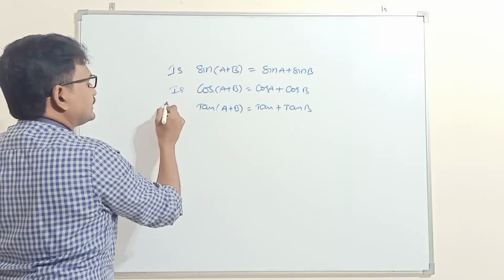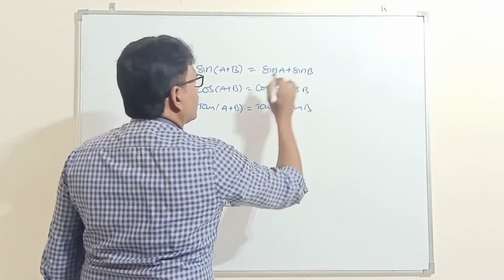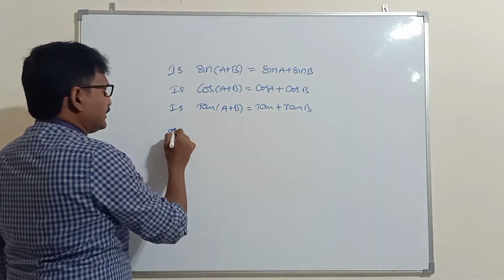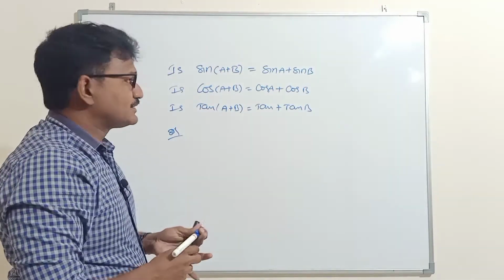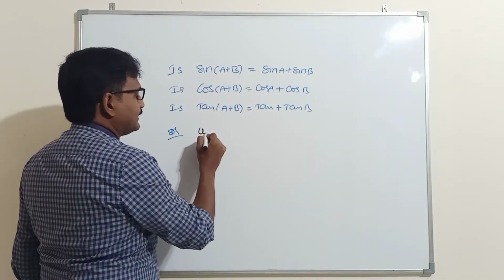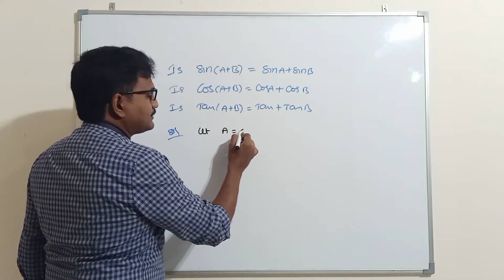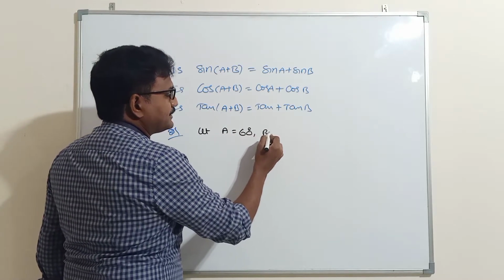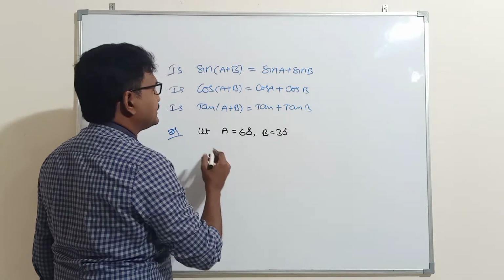Check whether they are equal or not. So now I am checking whether sin of a plus b is equal to sin a plus sin b or not. Let a equal 60 degrees, b equal 30 degrees.